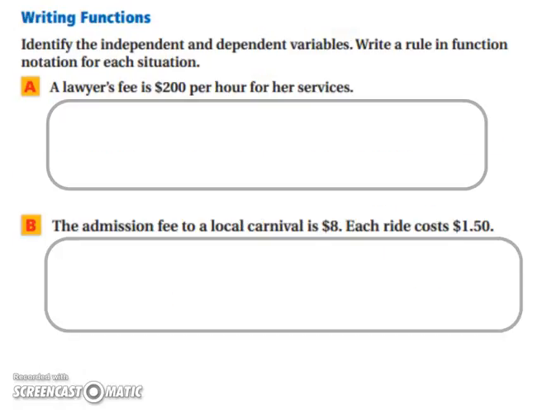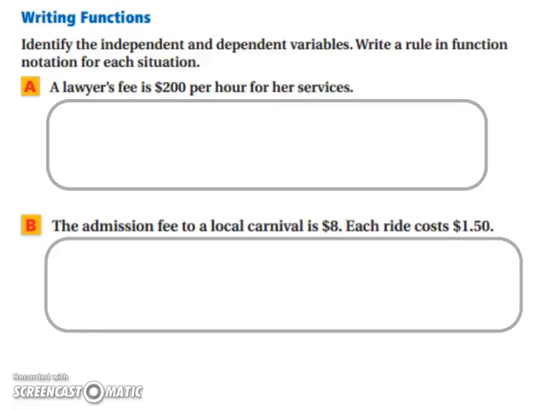Now let's look at writing functions. So identify the independent and dependent variables. Then write a rule and function notation for each situation. So knowing your dependent and independent variables is going to help you decide which pieces of information go where.